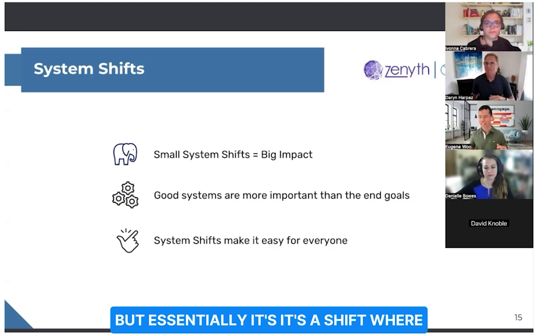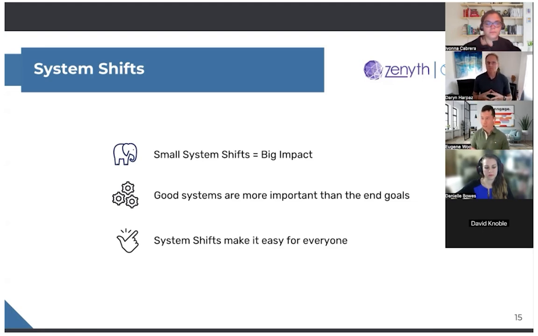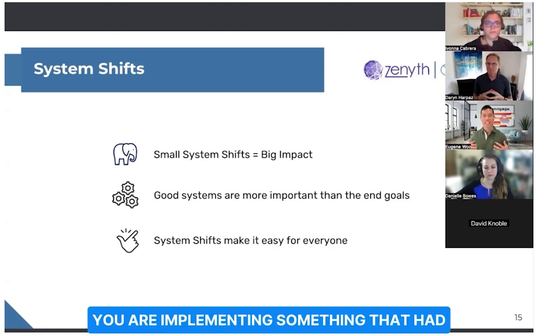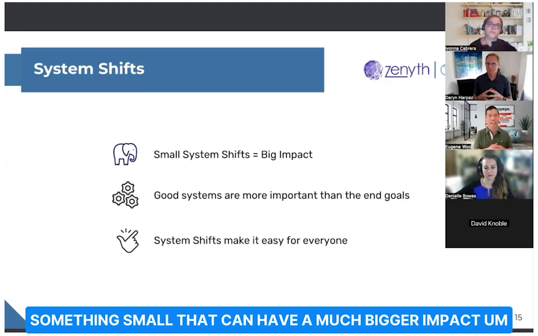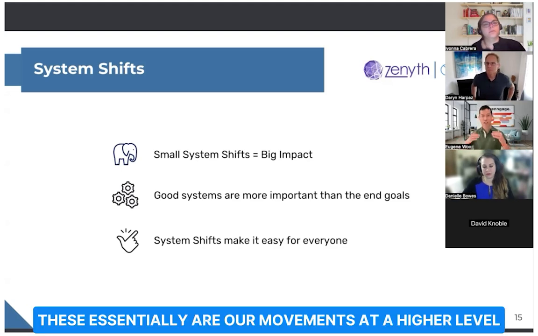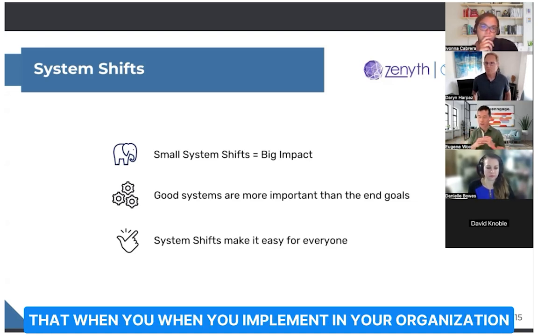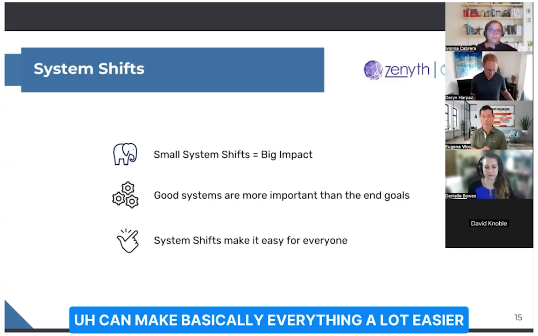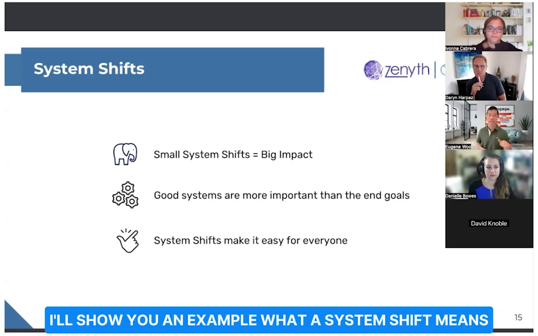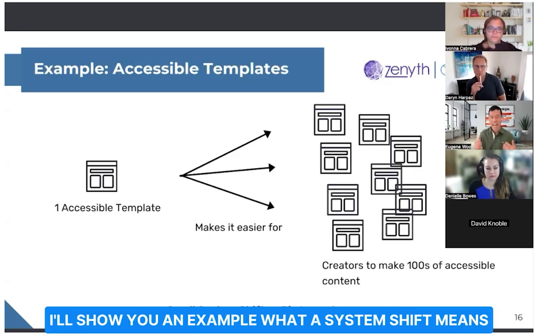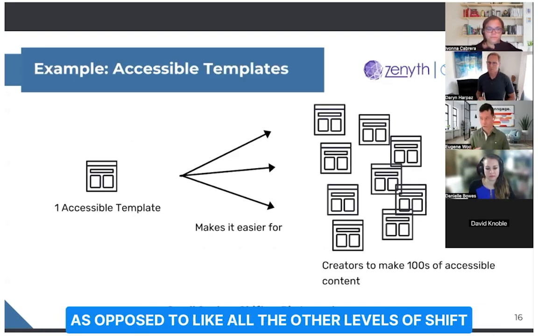Essentially, it's a shift where you implement something small that can have a much bigger impact. These are movements at a higher level that, when you implement them in your organization, can make basically everything a lot easier. So if you go to the next slide, I'll show you an example of what a system shift means, as opposed to all the other levels of shift.